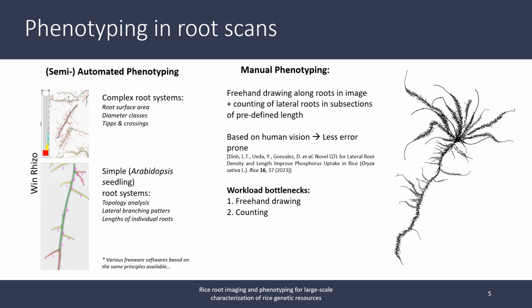Separating the densities and lengths of L-types and S-types on all main root axes has previously been done by manual phenotyping, where human annotators would draw along root axes and count different types of lateral roots in subsections. As this methodology is based on human vision, it produces only small errors. However, major workload bottlenecks of freehand drawing and manual counting make it tedious and time-consuming.